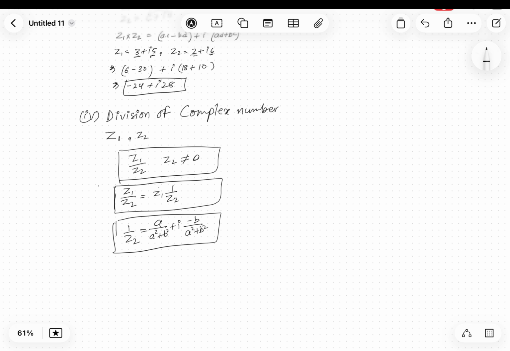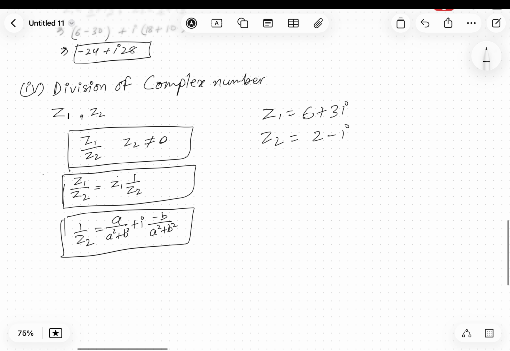Now suppose I have z1 equal to 6 plus 3i and z2 equal to 2 minus i. Okay, so let's break it down. So this is not a 0, so we can proceed further. So z1 by z2, we can write it like z1 into 1 by z2.